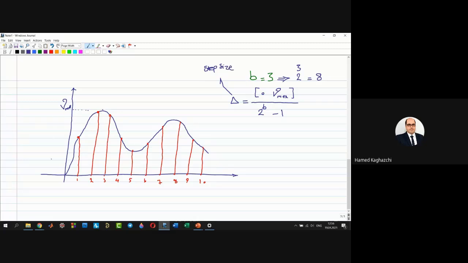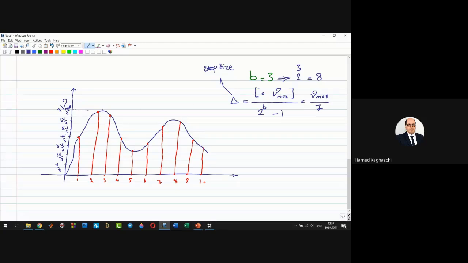Divide this section, Vmax divided by 7. Here is Vmax over 7, 2 Vmax over 7, 3 Vmax over 7, 4 Vmax over 7, 5 Vmax over 7, 6 Vmax over 7, and 7 Vmax over 7, which is Vmax.